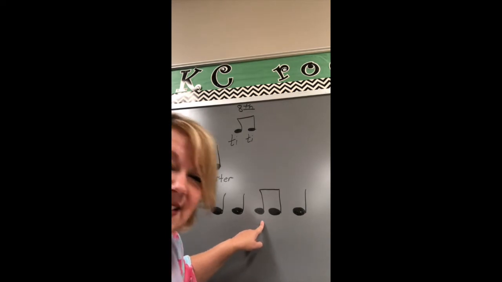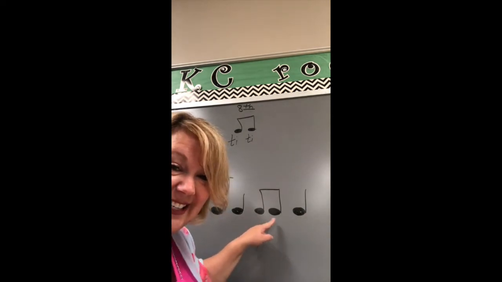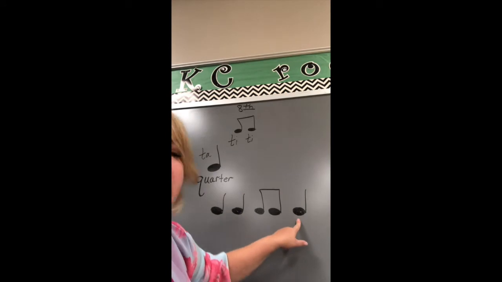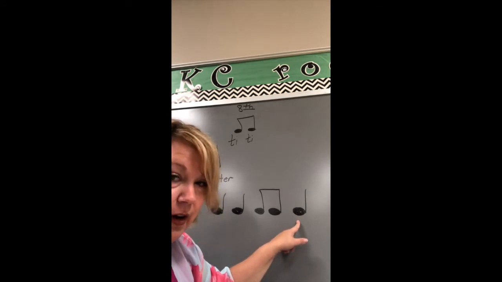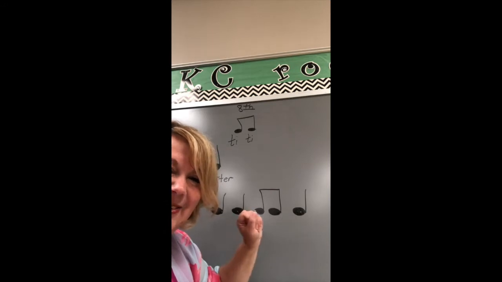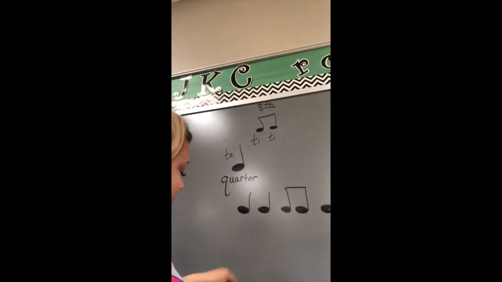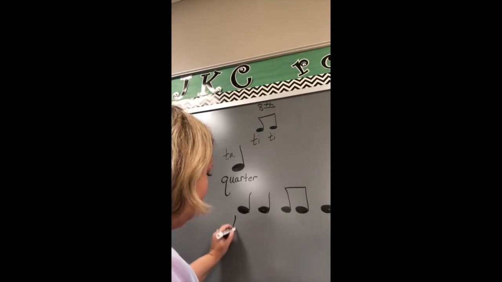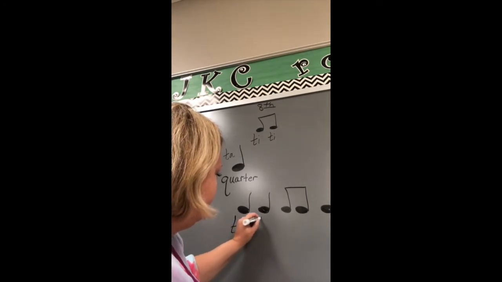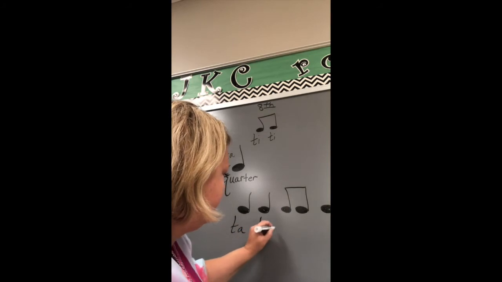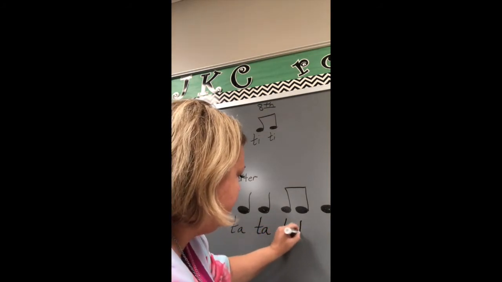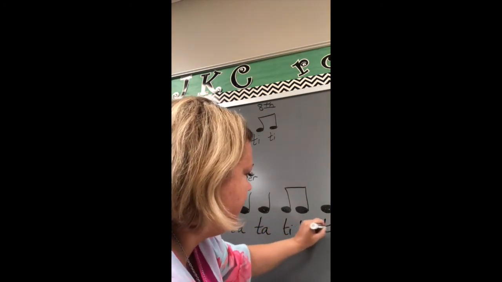And how do we count them? Ti, ti. Very good. And tell me about this one. Is it a quarter note or two eighth notes? Yeah, it's a quarter note. So we would count that as ta every time. So the way that we would count this would be ta, ta, ti, ti, ta.